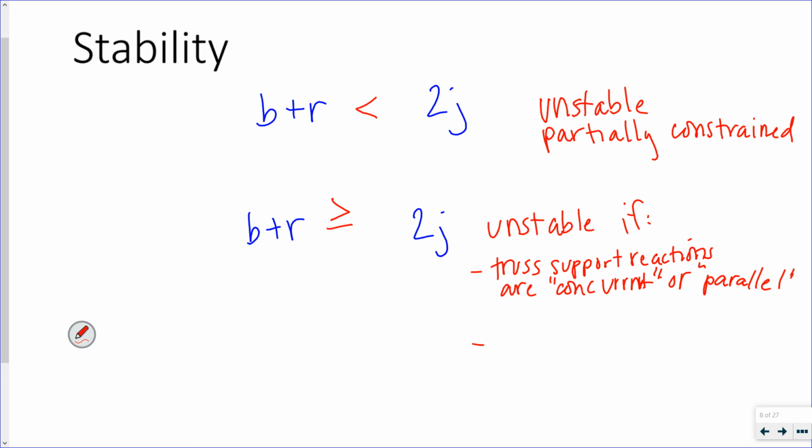So if my truss support reactions are concurrent or parallel, or if there's a collapse mechanism within the structure, I'm going to give some examples of what those mean.